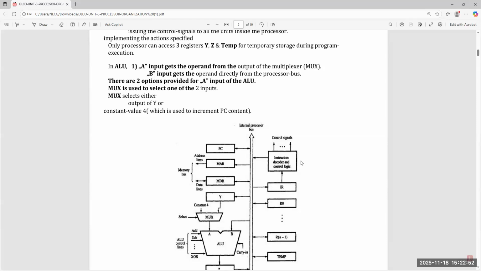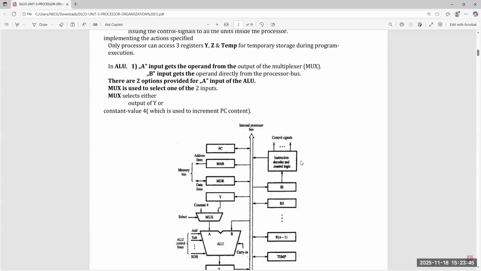One input is the constant 4. Another input is Y. The multiplexer has to select either 4 or Y. It produces one output, which may be 4 or may be Y. That output is given to the A input of the ALU. That is the one point. Second point is B.